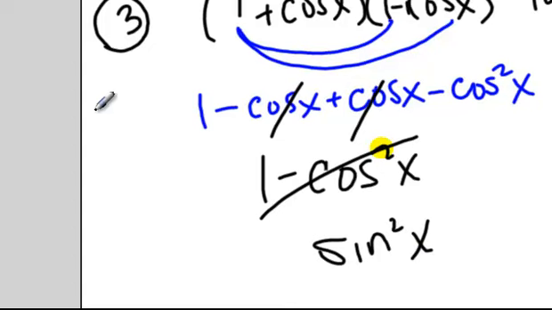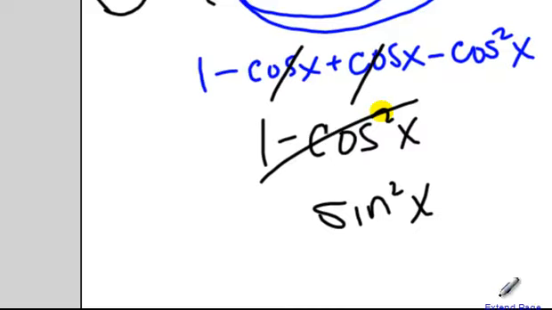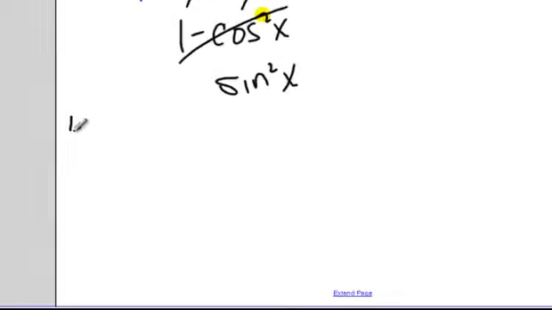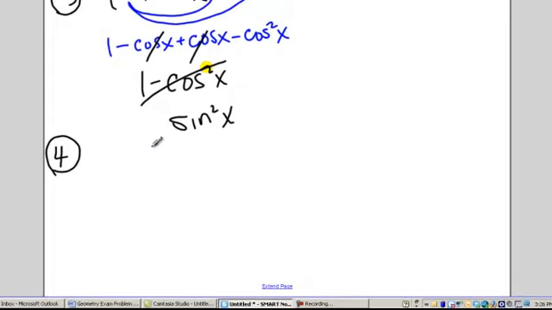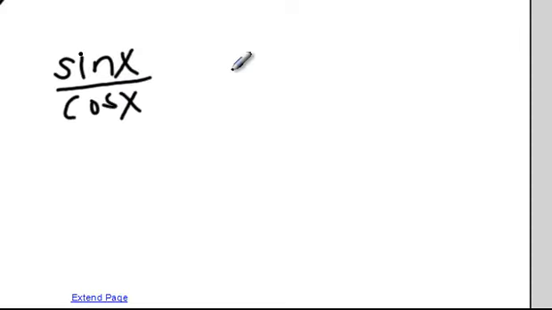Okay? Now, I'm going to give you the last one, and this is a tricky one, so don't get frustrated. But we got secant of x over sine of x minus sine of x over cosine of x. So I want you to transform that or make it equal to cotangent of x.